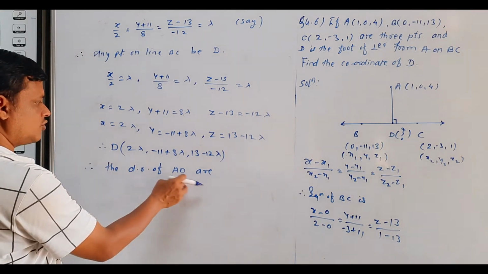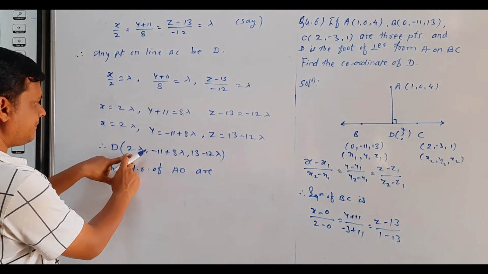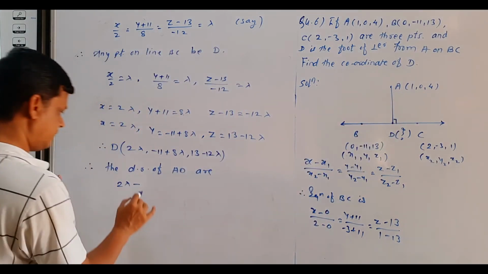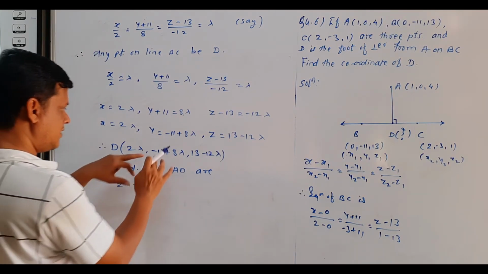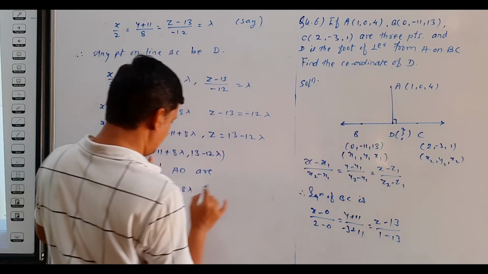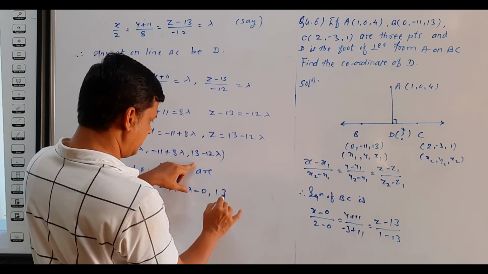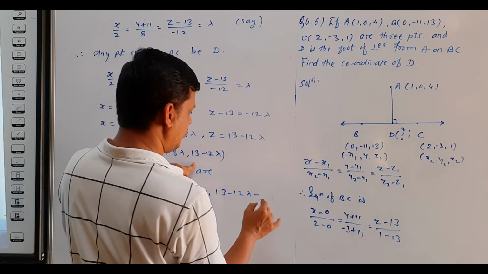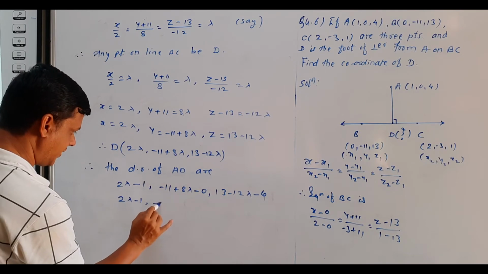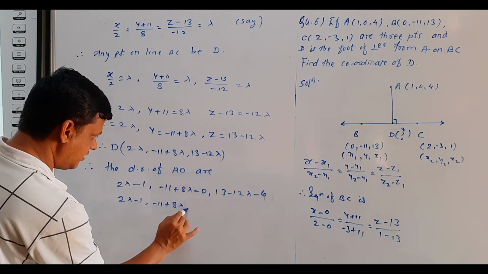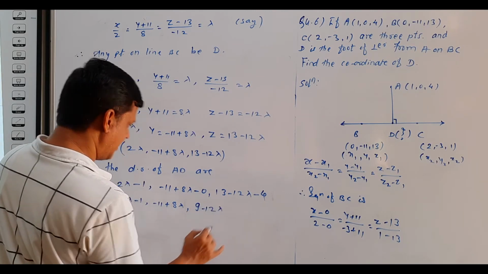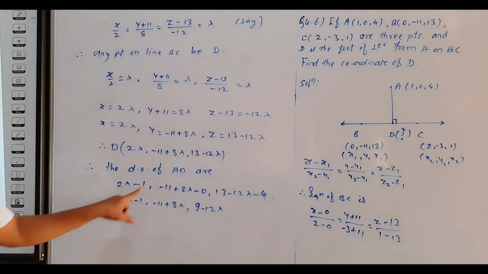Therefore, the direction ratio of AD are 2 lambda minus 1, minus 11 plus 8 lambda minus 0, then 13 minus 12 lambda minus 4. So you can write this as 2 lambda minus 1, minus 11 plus 8 lambda, 13 minus 4, which is 9, so 9 minus 12 lambda. These are the direction ratio of AD.